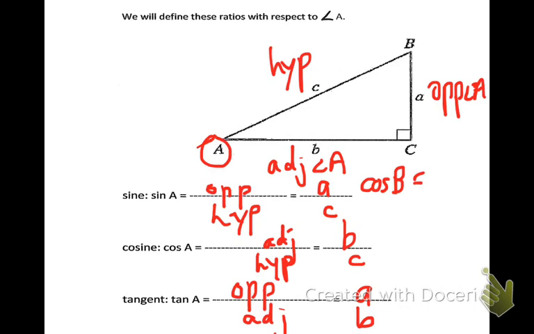It'd be a over c, because a is adjacent to B and c is the hypotenuse, so it'd be a over c. I'm pointing that out because you can see the cosine of angle B is the same as the sine of angle A. The sine of angle B would be the same as the cosine of angle A. Now the tangents would be inverted, but there's that relationship.